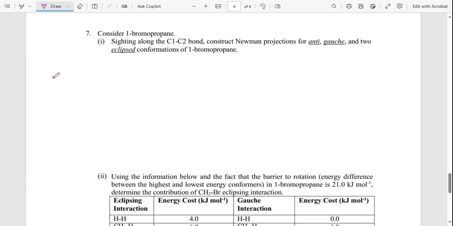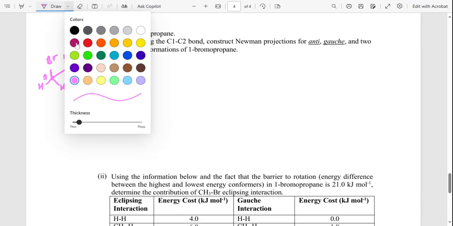Propane is 3 carbons: one, two, three. But at carbon number 1, there's a bromine, so I can put a bromine here like this. Even if you can't see, there's a hydrogen here and a hydrogen. This is carbon number 1. Carbon number 2, besides having this methyl, is also going to have two hydrogens. Okay, this is the molecule.